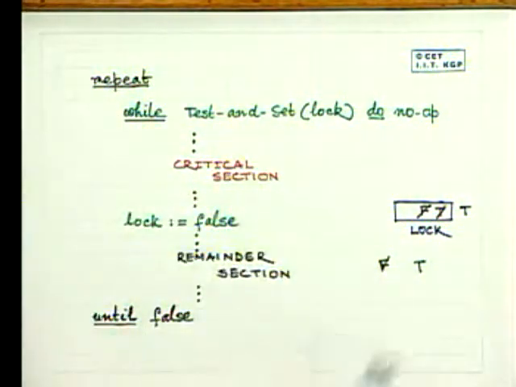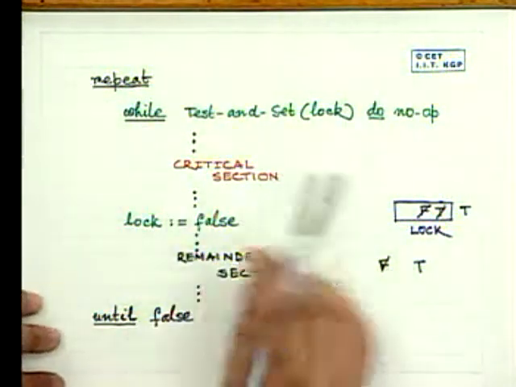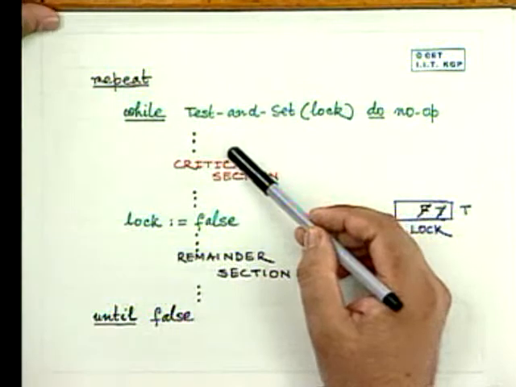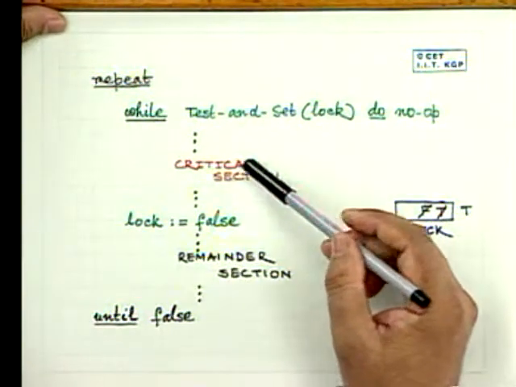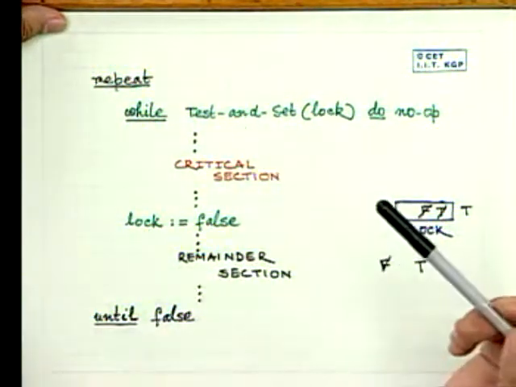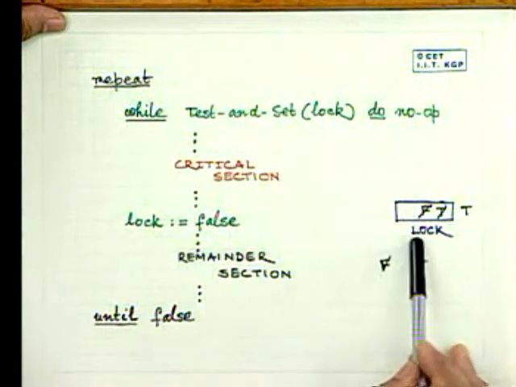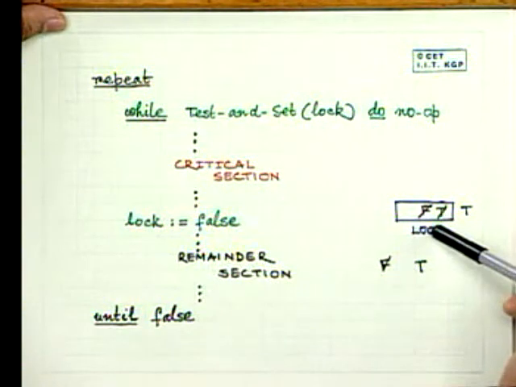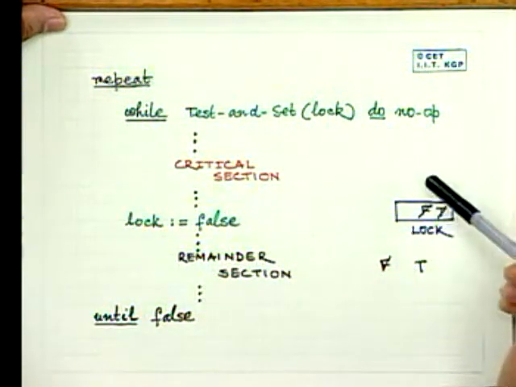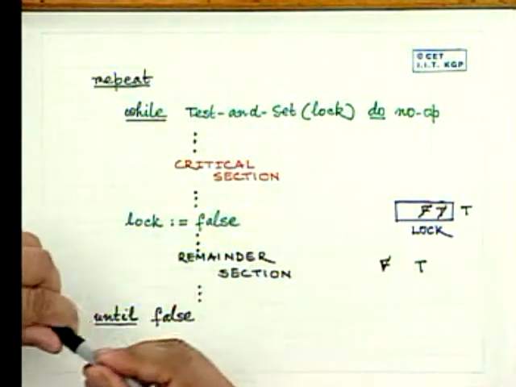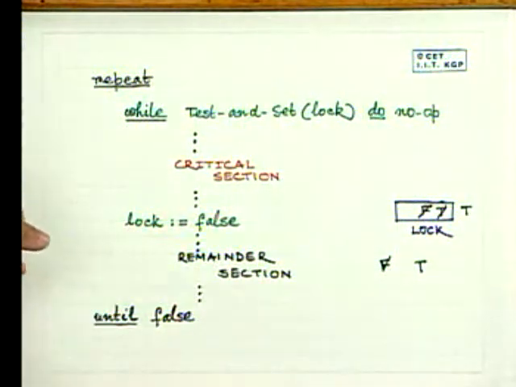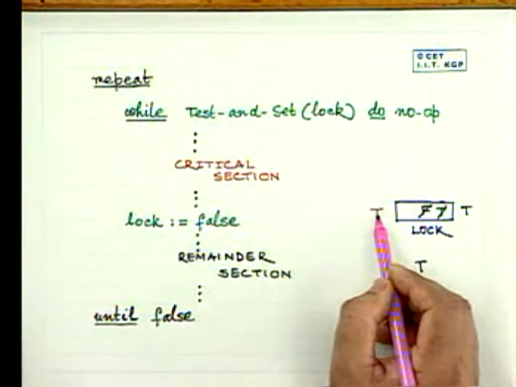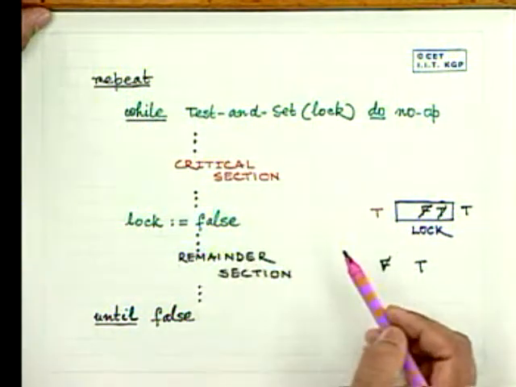Now just think of the situation that there are more than one process trying to synchronize its operations, that means entering into the critical section in terms of one variable which is lock. Say it started with false, and one of the processes made it true and entered the critical section.